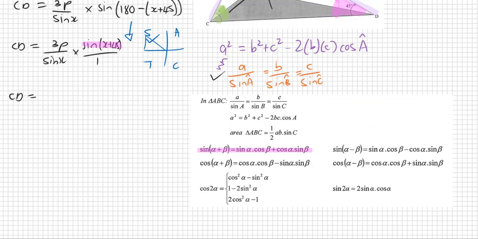CD is equal to 3p times sine x cos 45 plus cos x sine 45, and this is all divided by sine x.